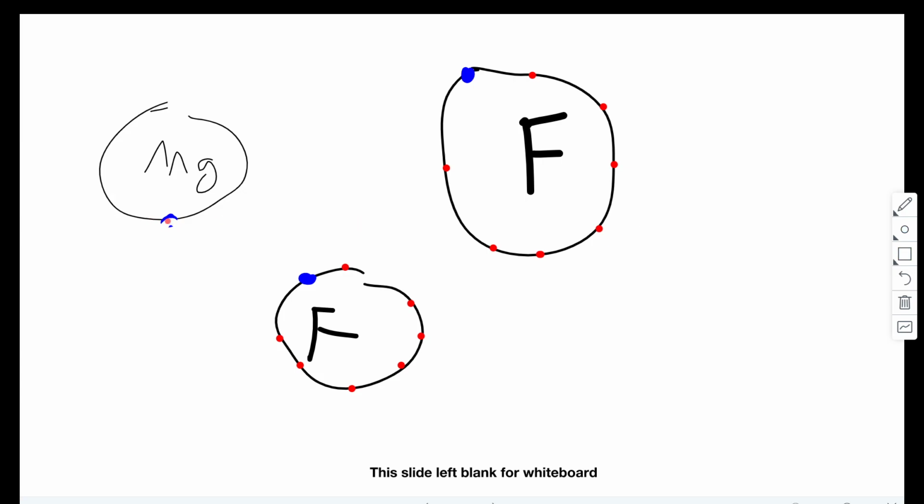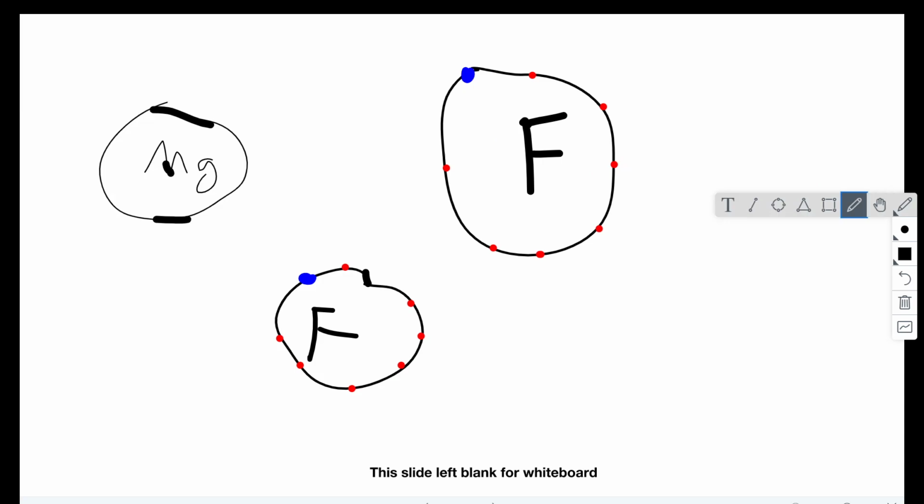And I know that we've been anthropomorphizing our elements a little bit here. But this is essentially what happens. You actually have an element like magnesium, where it's a metal, and two nonmetals will come along, they'll react with it, and they're going to steal that electron. Now, each fluorine has taken one extra electron, okay?